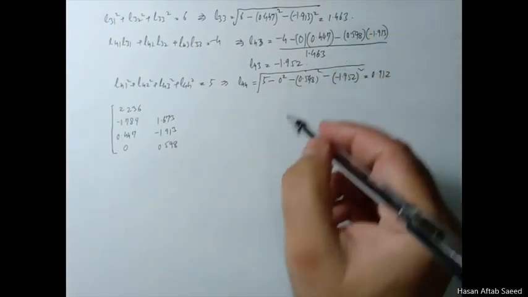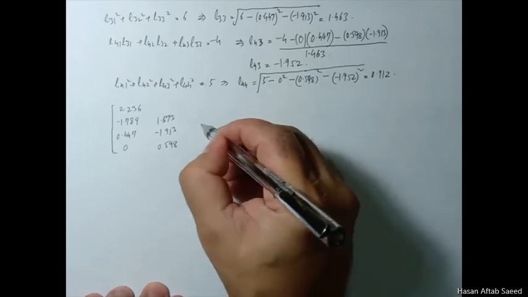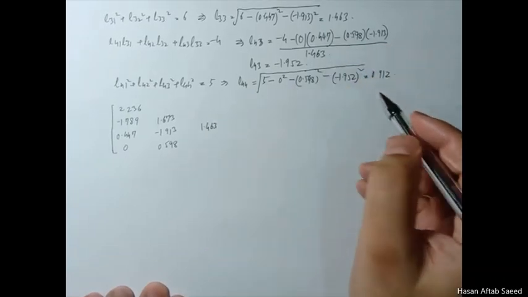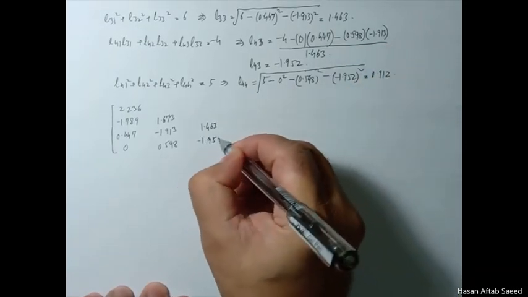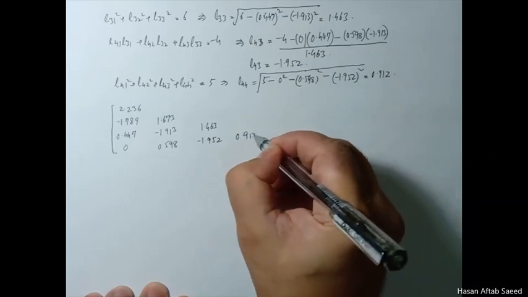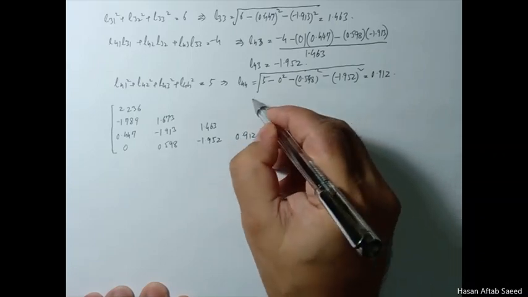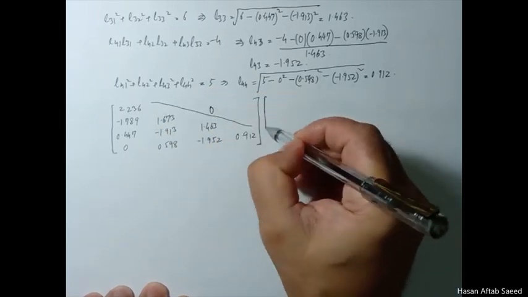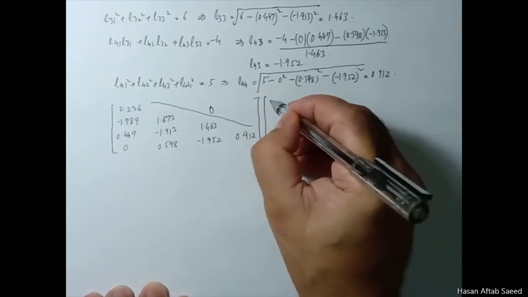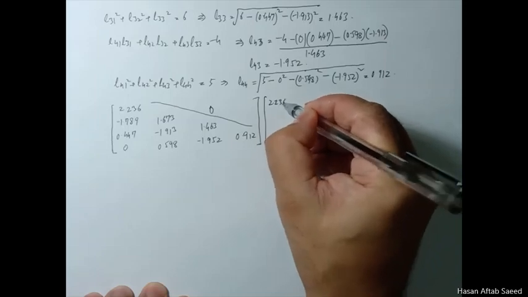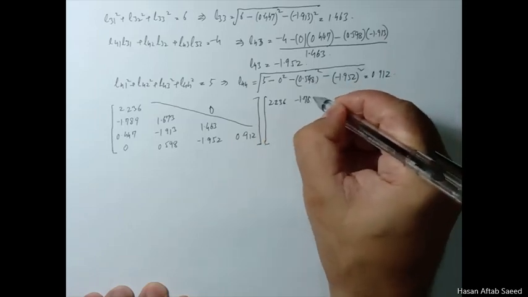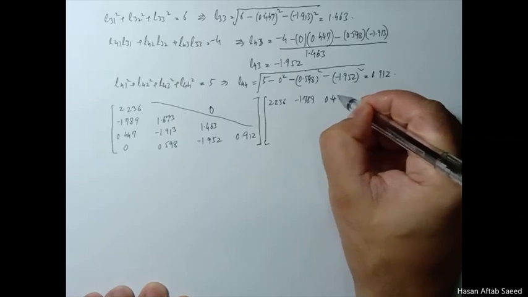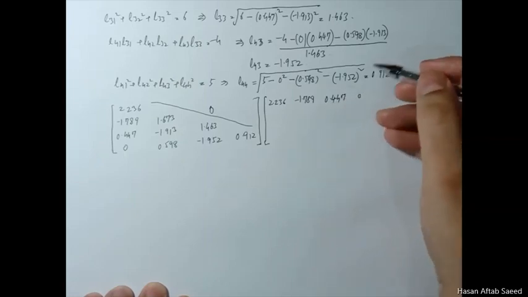Then you have 1.463, minus 1.952, and this is your 0.912. So this is your lower triangular matrix. Here you have zeros, and the next one is simply the transpose of the same thing. 2.236, minus 1.789, 0.447, 0.